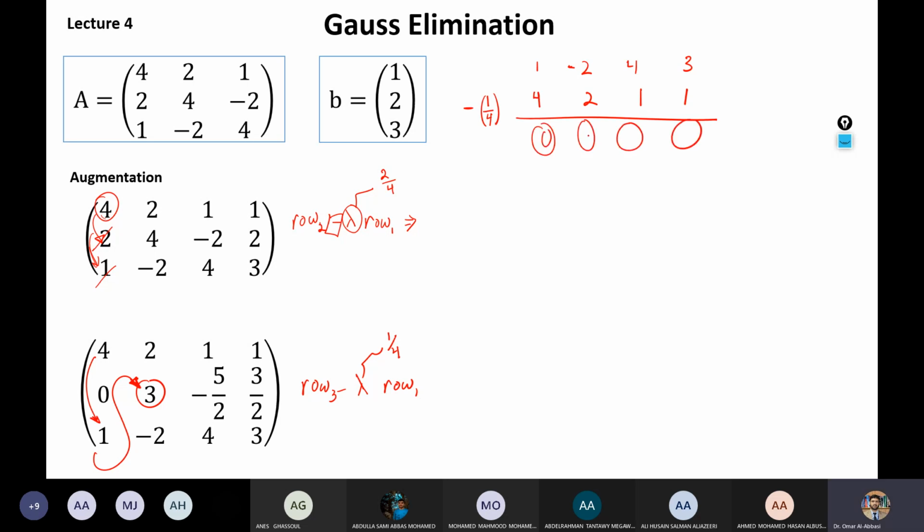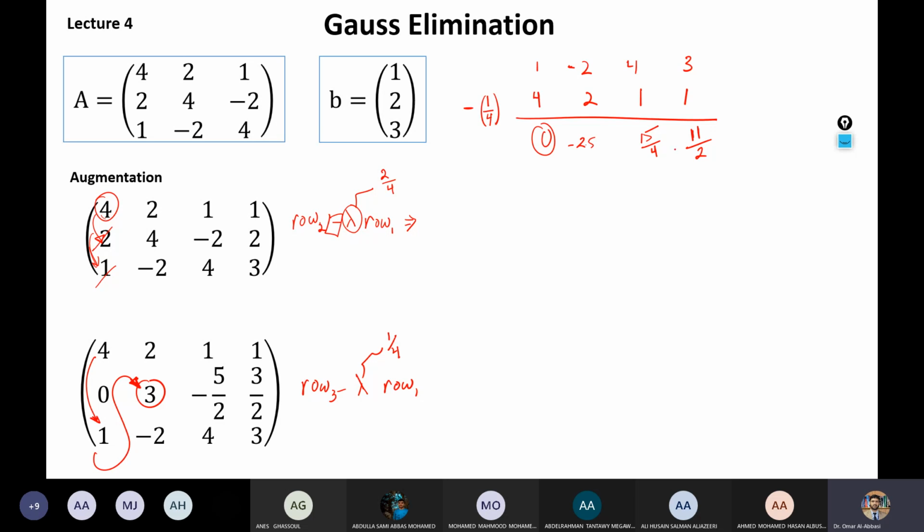So that should be 0. This, how much is it? Minus 2.5. The next one: 15 over 4, 3.75. The next one: 11 over 4, not 11 over 2.